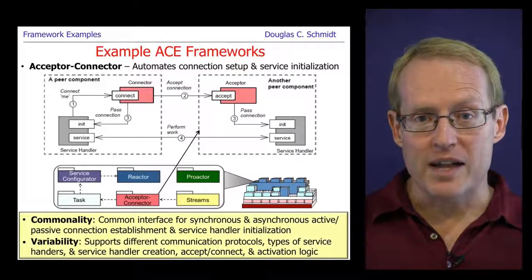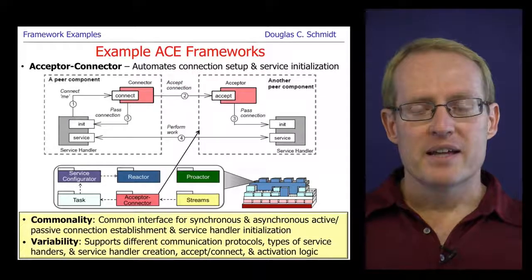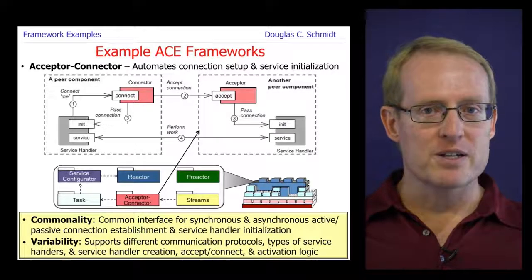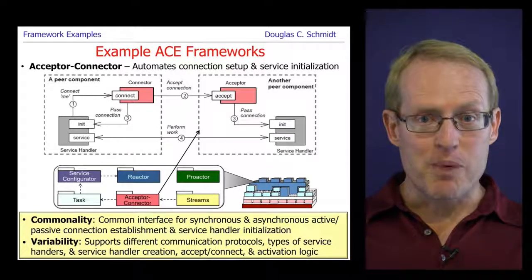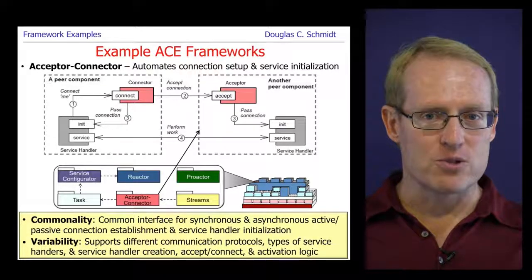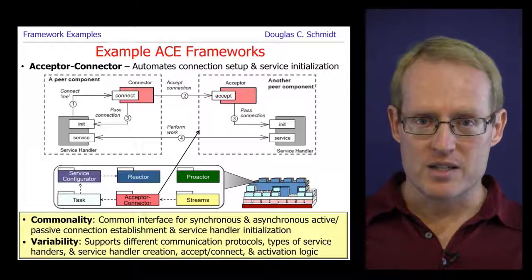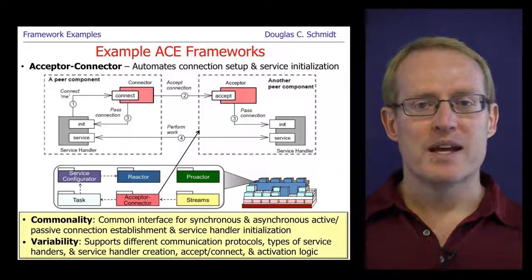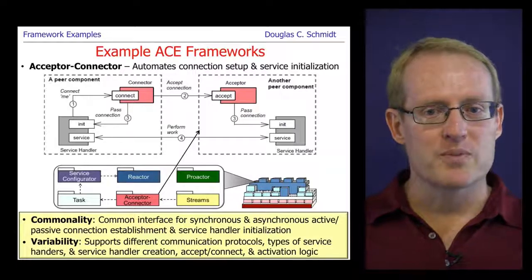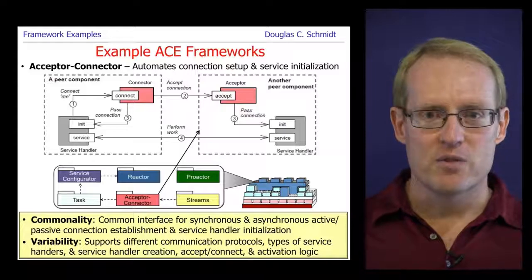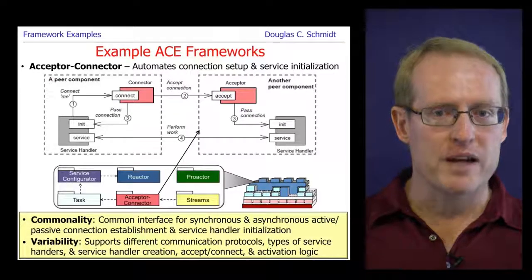From the point of view of commonality and variability analysis, the Acceptor connector framework provides a common interface for synchronous and asynchronous, active and passive connection setup and service handler initialization. Many things are done in a common way, much less tedious and error-prone than trying to program these things in the low-level form. Some of the variabilities it supports include different communication protocols that can be plugged in through various types of template programming mechanisms.